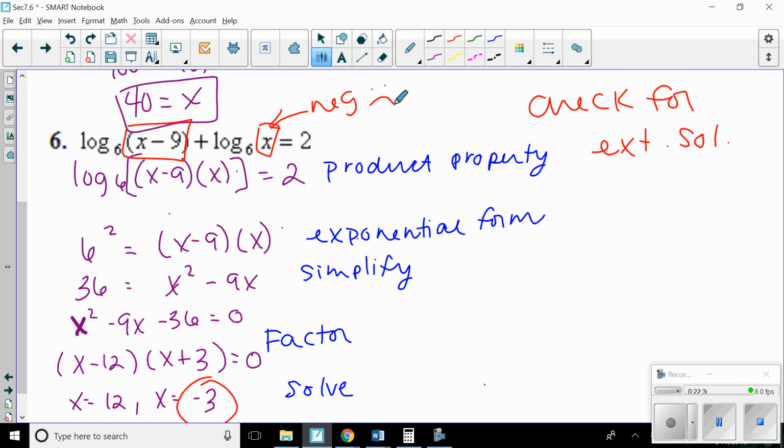And we can't take the log of a negative number. So therefore x cannot be negative 3. So now let's just make sure 12 works. 12 minus 9 is positive 3, and that's greater than 0, and also 12 is greater than 0. So our only answer is x is equal to 12 because negative 3 is an extraneous solution.